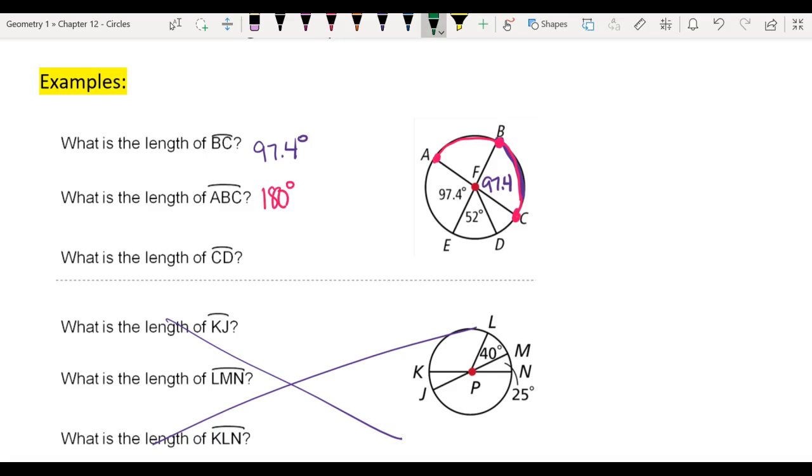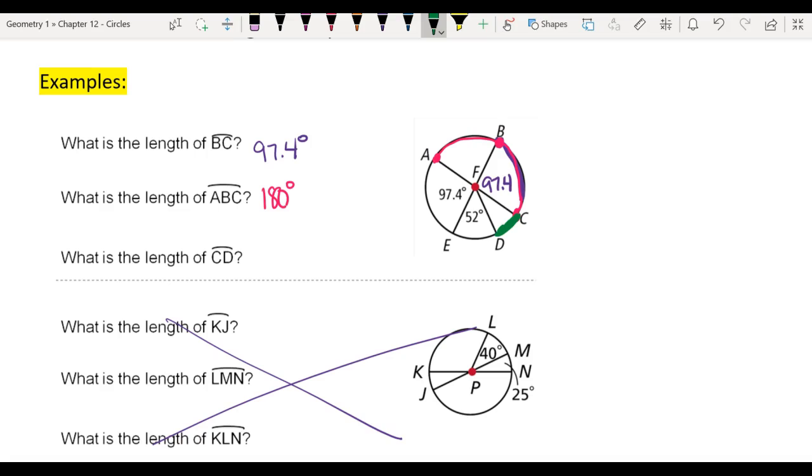And then the final one wants you to find this arc here. I just highlighted it in green. Now, a lot of people assume that it's 52, but are those vertical? They're not. They're not across from each other. Okay?